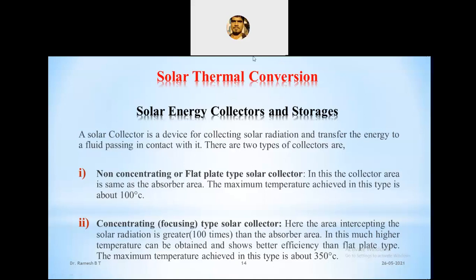Many different arrangements of mirrors or lenses concentrate the sun rays on the boiler, and this type shows better efficiency than the flat plate collector. So in both types, the absorber is the common essential component.